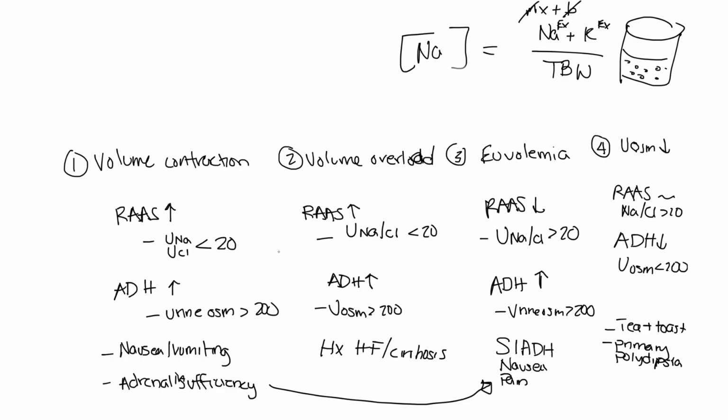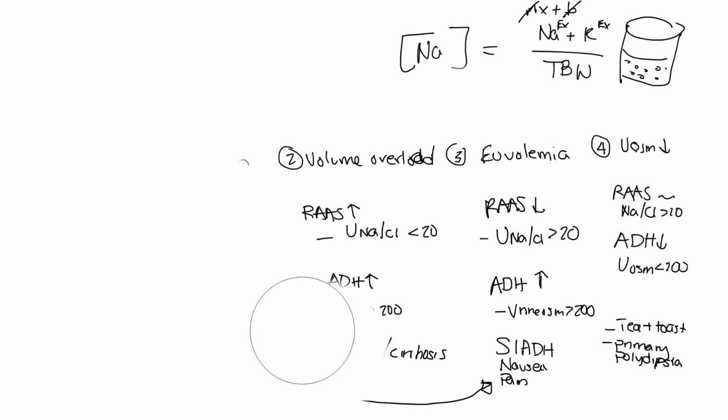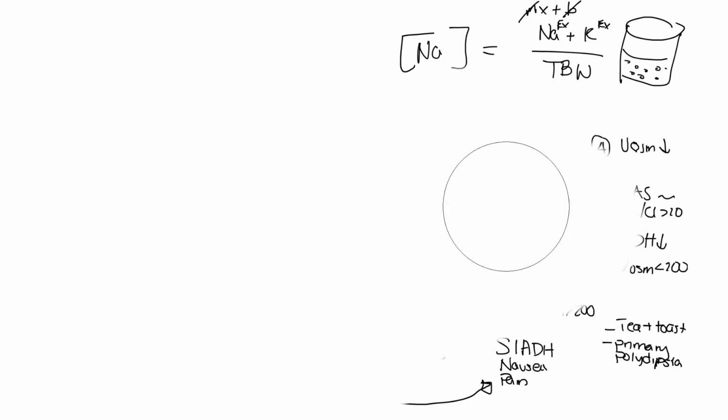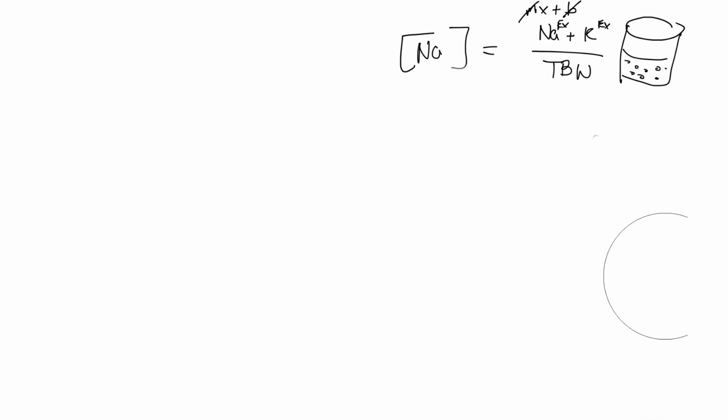Okay, so again, in summary, Edelman's equation helps us understand the different possibilities for hyponatremia based on the relationship of salt and water in our body. Okay, and it turns out these are managed by RAS and ADH. And so when I'm evaluating hyponatremia, I sort of have an order for evaluating hyponatremia.